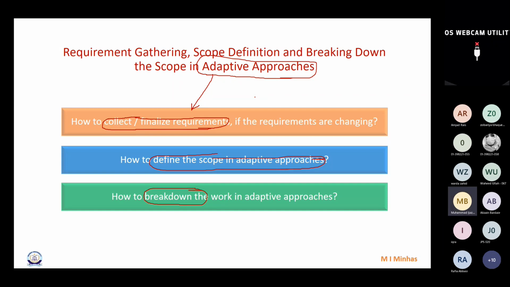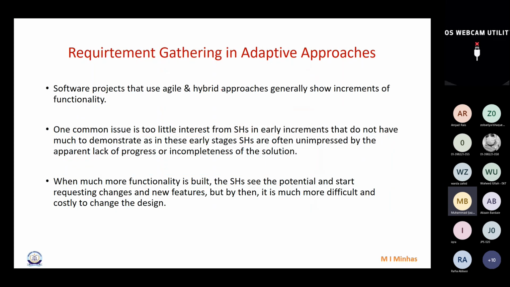So now let's start one by one. What about requirement gathering? This is our first point. What is different in the requirement gathering phase, or what factors must we consider during the requirement gathering phase of adaptive approaches? Before I start, I hope you remember in adaptive approaches, requirements are refined throughout the project.